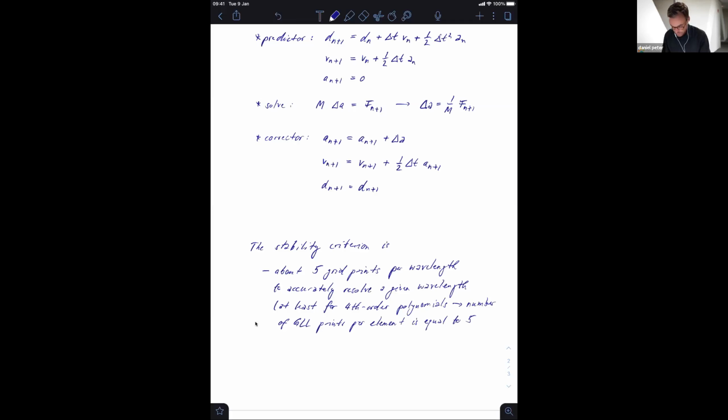So that means in principle the element size should be comparable to the minimum wavelength that we want to resolve. Because we will have 5 grid points per element and for a fourth order scheme. So if we fix what the minimum wavelength should be, that tells us more or less how large we can choose the element size. I've used these fourth order schemes.